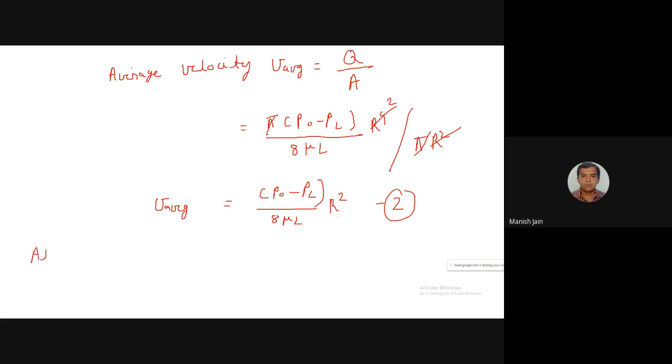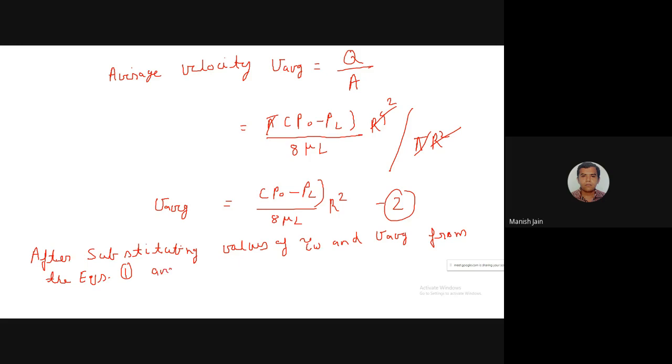So after substituting the values of tau w and V average from equations 1 and 2 in the formula of friction factor.